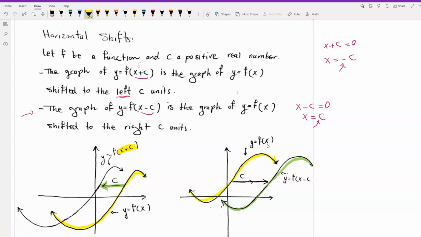The one in yellow is y equal to f of x, and what I have in green is y equal to f of x minus c. Because of having x minus c for our input, we have to shift f of x to the right c units. So all of the points that we have for y equal to f of x, shift all of them c units to the right.